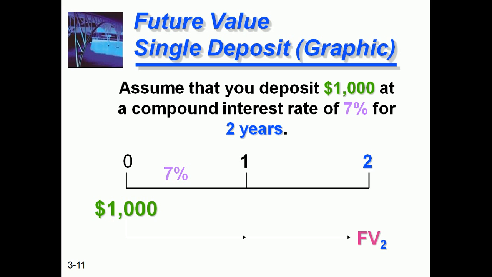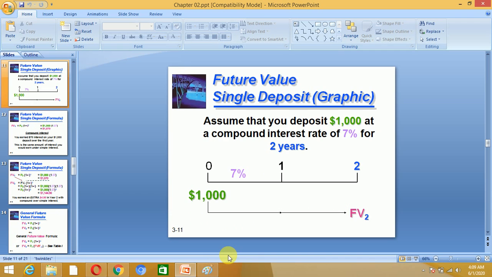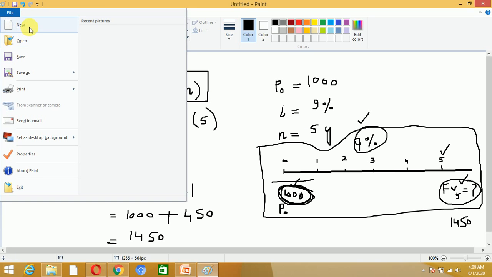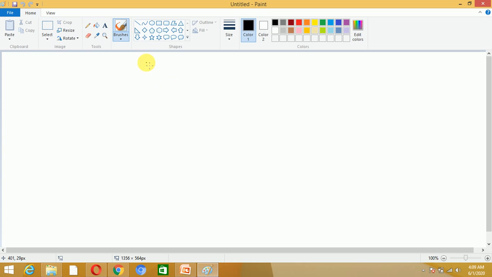Now we are going to discuss, this was simple interest. Now we are going to discuss compound interest. Same situation.